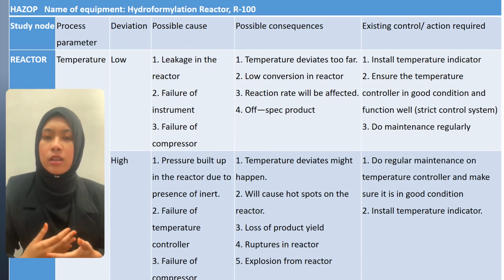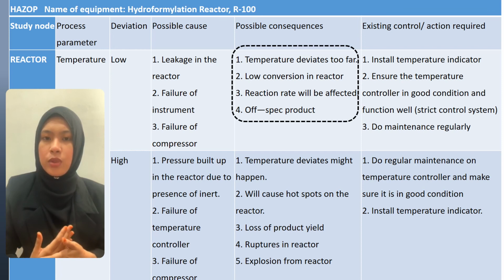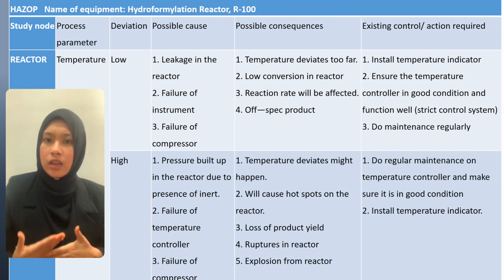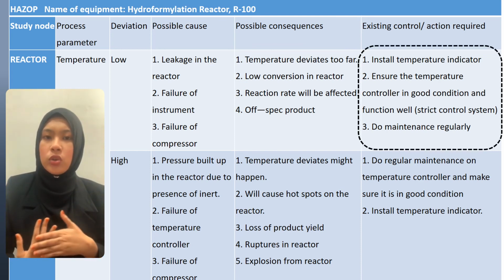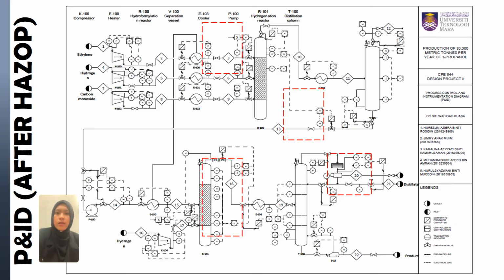This might cause the temperature to deviate fast and will affect the reaction rate and give low conversion of product. Hence, the worker may take action to install a temperature indicator and always ensure that the temperature controller is in a safe condition by doing a maintenance checkup regularly. This is our PNID after the HAZOP has been taken into action.